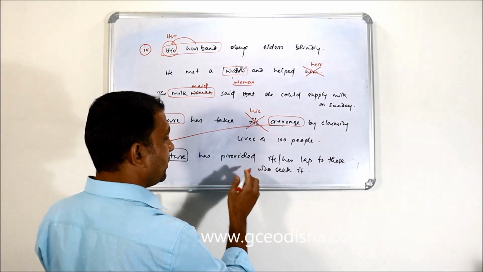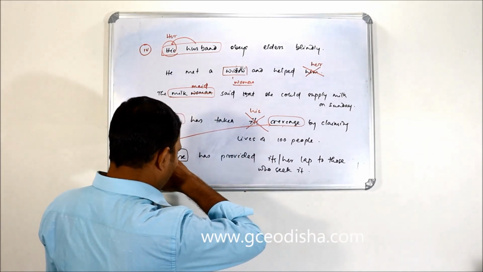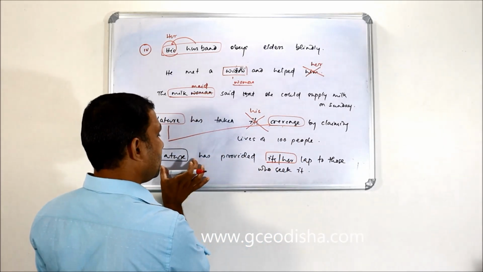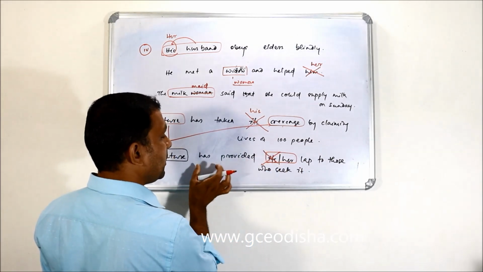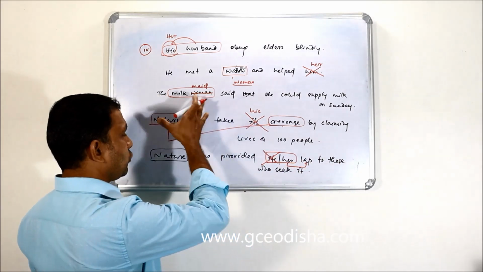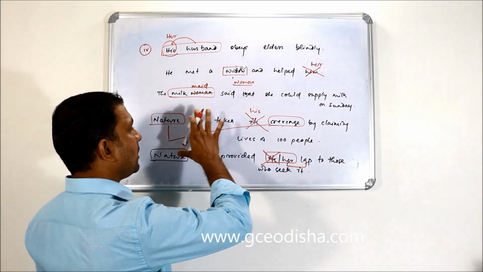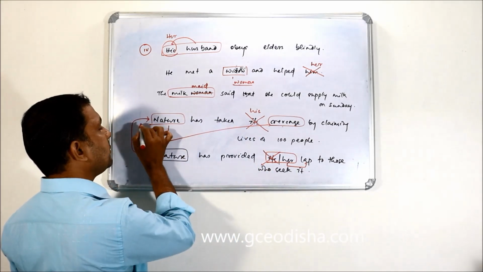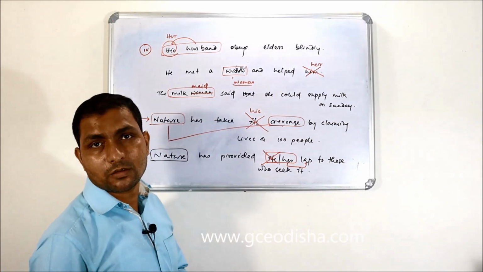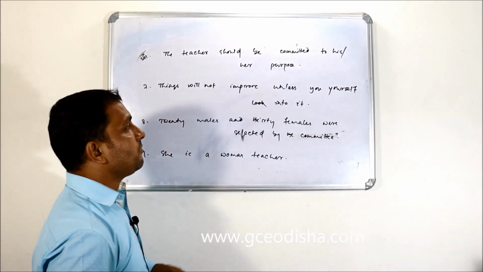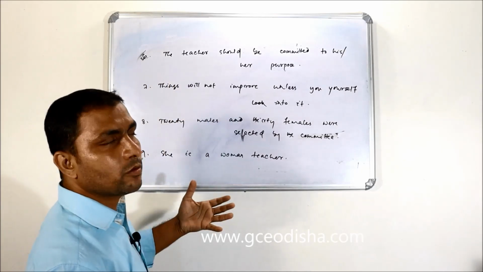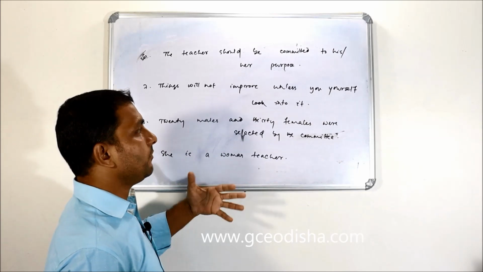That means whatever qualities we are talking about here, it's the feminine gender. So the right one will be: nature has provided her lap to those who seek it. So it completely depends upon how that particular non-living thing has been used in the particular sentence. It depends upon the context of the sentence. Okay, so let's have some more questions to discuss, because the more questions we discuss, the more clarity we get.